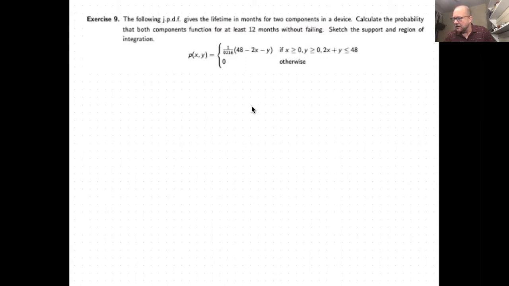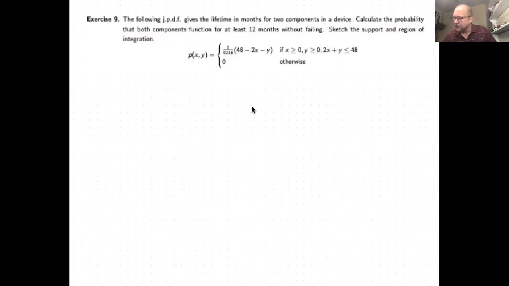You have the lifetime in months for 2 components in a device, and we're going to calculate the probability that both components function for at least 12 months without failing, okay?